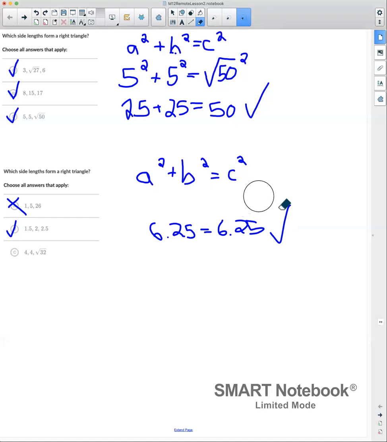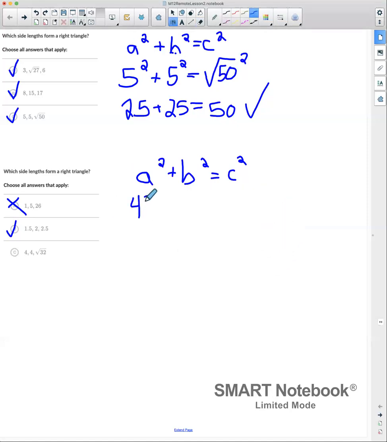All right, and then the last one, we have 4 squared plus 4 squared is equal to radical 32 squared. 4 squared is 16, so 16 plus 16 is 32. Radical 32 squared is also 32, so that is good. So these two are the correct answers.